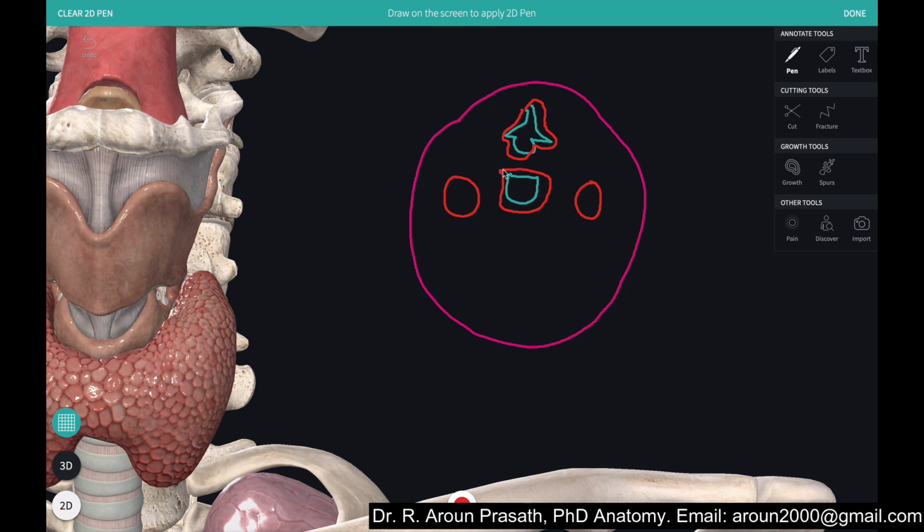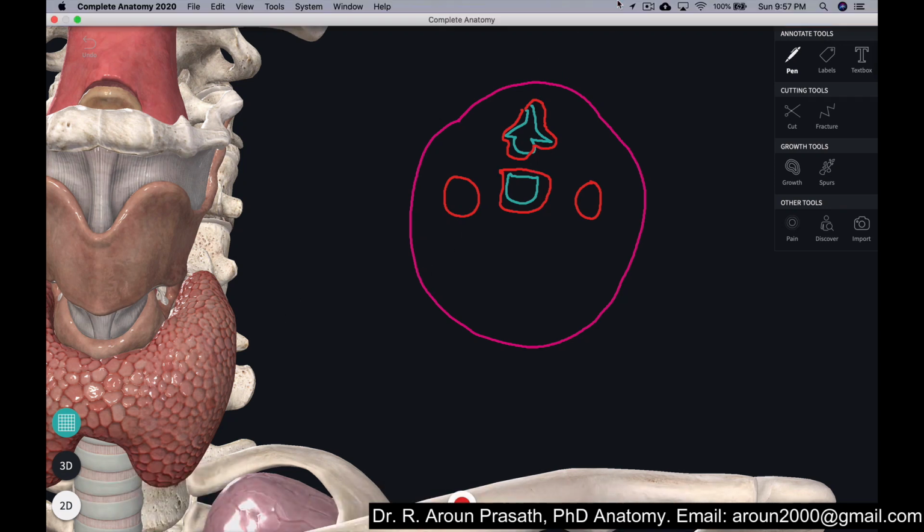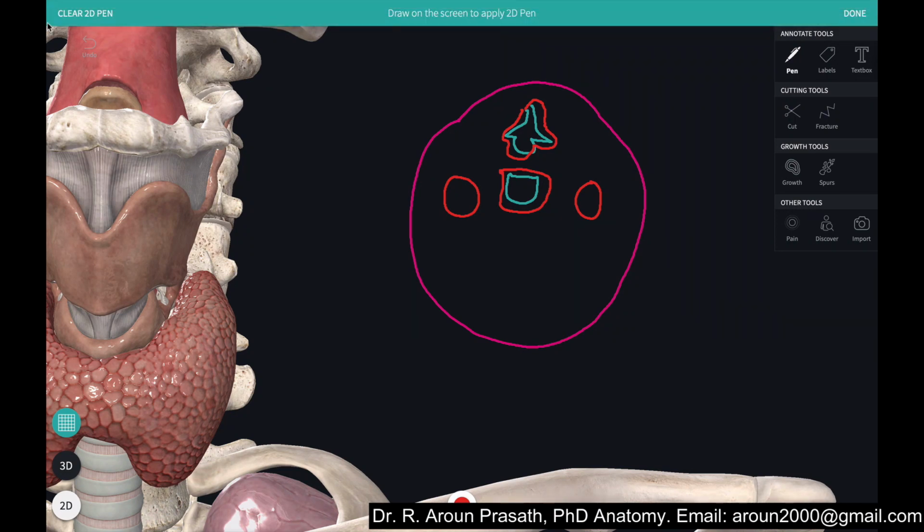These are the connective tissues present in the neck. In fact, these connective tissues start at the base of the skull and go all the way to the mediastinum. So this pretracheal fascia encloses the whole thyroid gland and passes down.